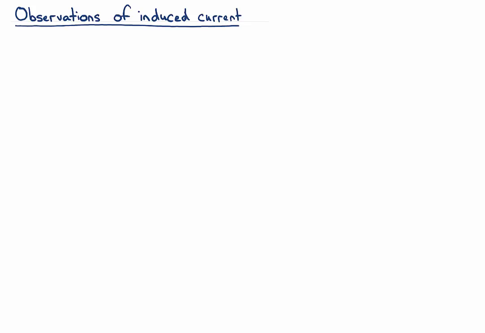There was another guy called Joseph Henry who was also working on the same stuff at the same time, and he made some of the same observations that Faraday did. Unlucky for Henry, he missed out on having a law named after him. Here is a summary of some of the observations that Faraday and Henry made about how you could induce a current in a wire and what influenced the size of that current.